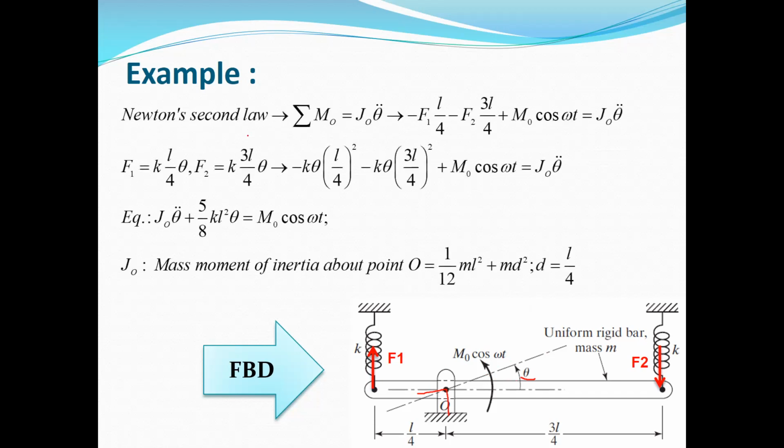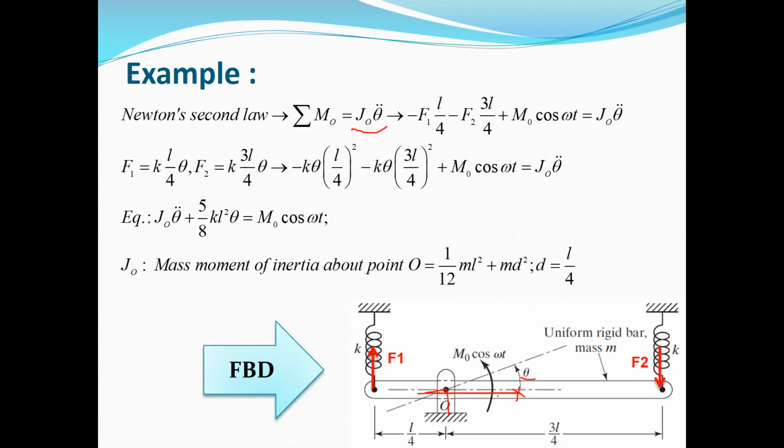So if we write Newton's second law about point O, the moment equation about point O, it must be equal to the mass moment of inertia about point O times theta double dot. So this is the right hand side of the equation, which J sub O is the mass moment of inertia about point O, and we can find it by using the mass moment of inertia about the mass center. The mass center for this bar is located at its center.